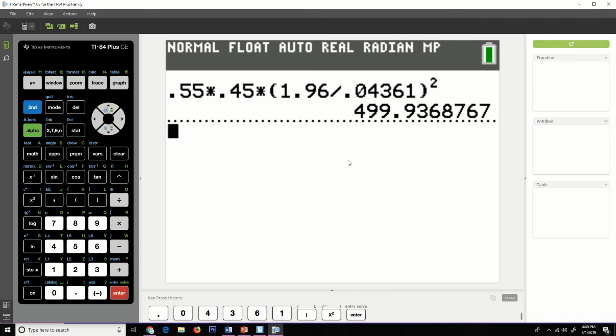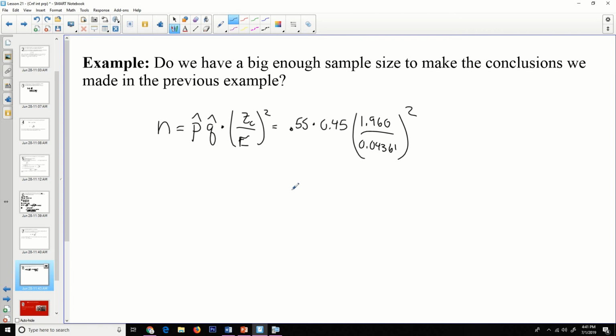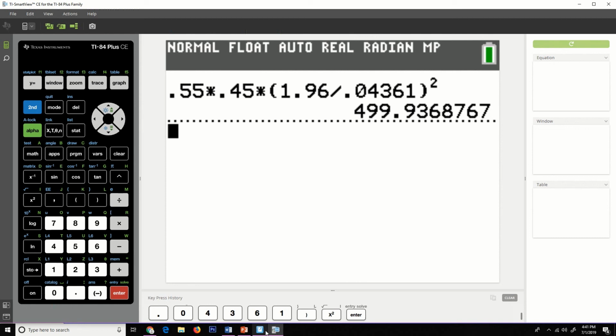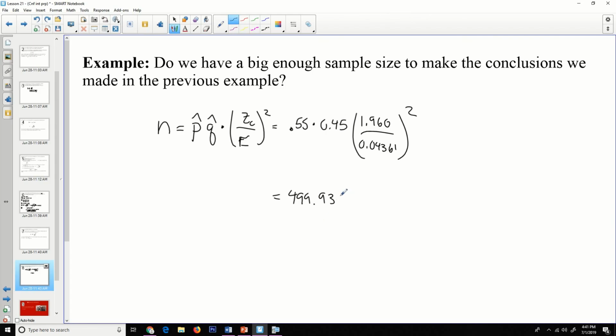Hit enter, and I get 499.9369, and our sample size is 500. So yes, we have just enough.